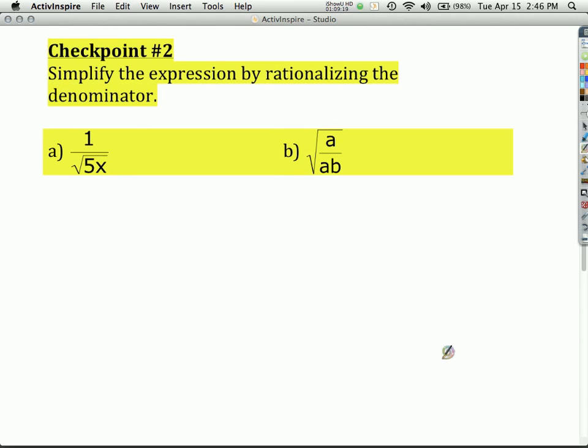Let's see how we're doing with simplifying expressions when you need to rationalize the denominator.